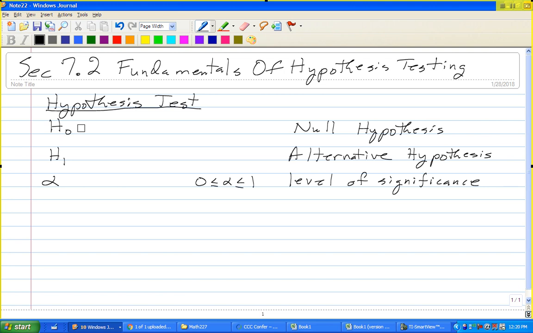The null hypothesis is some claim about what the population parameter is equal to, and we'll use that value in the statistical procedure to test the hypothesis. Once we have formed our hypothesis test, we will collect data and actually perform the hypothesis test.